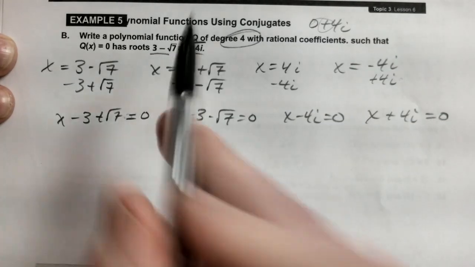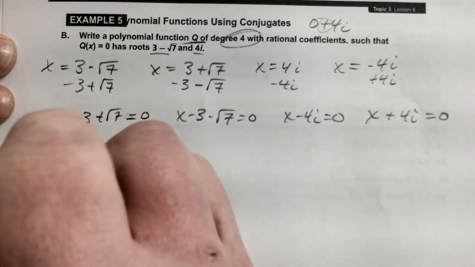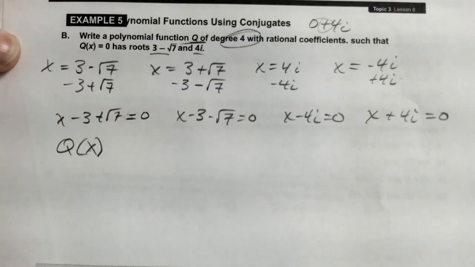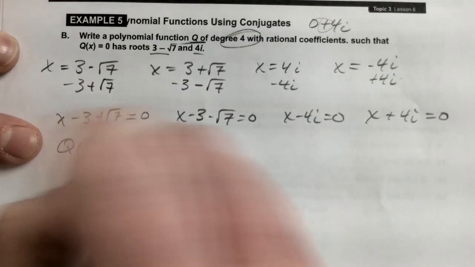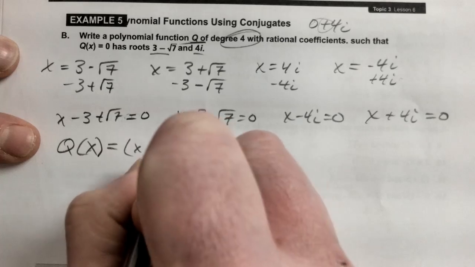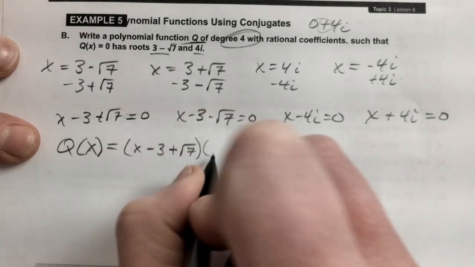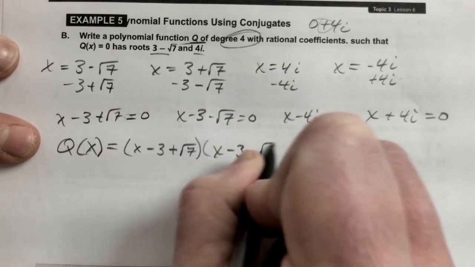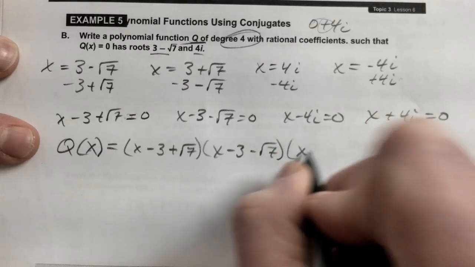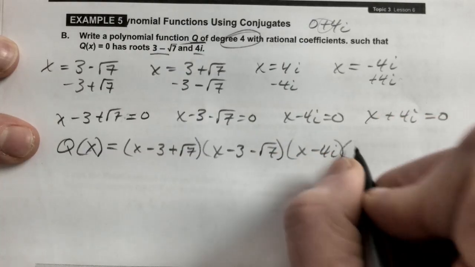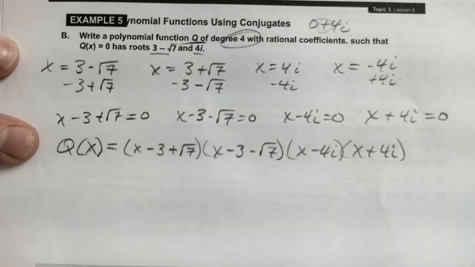So q of x in factored form is x minus 3 plus root 7, x minus 3 minus root 7, and x minus 4i and x plus 4i.